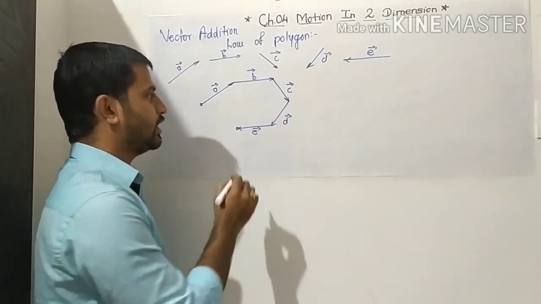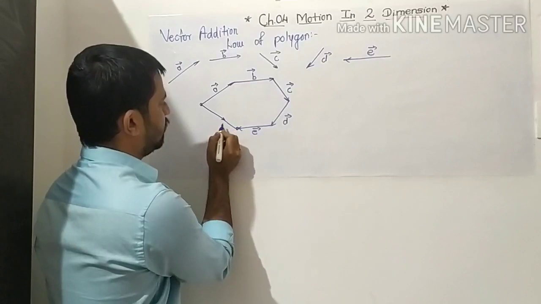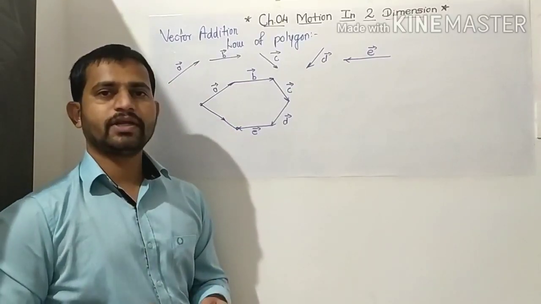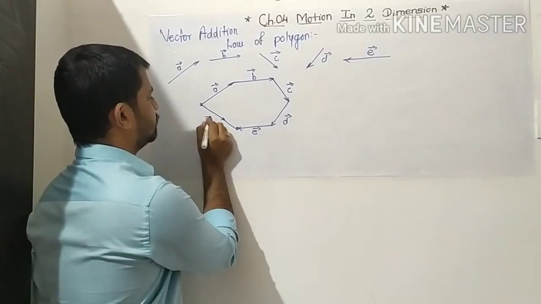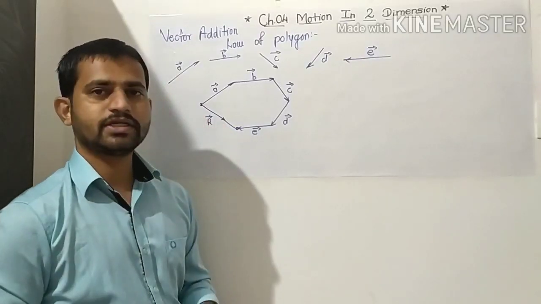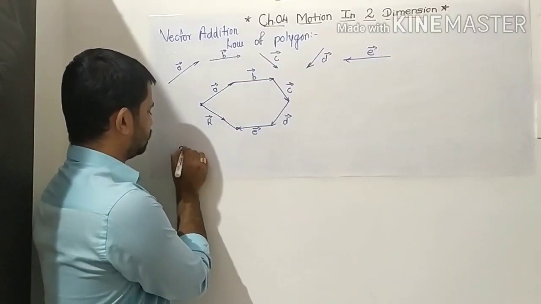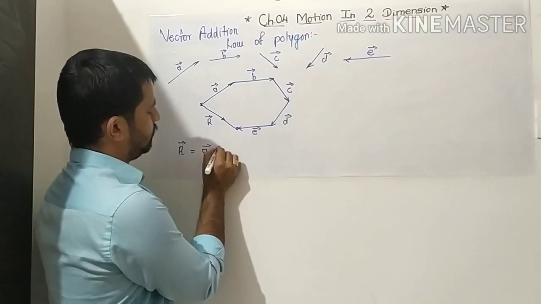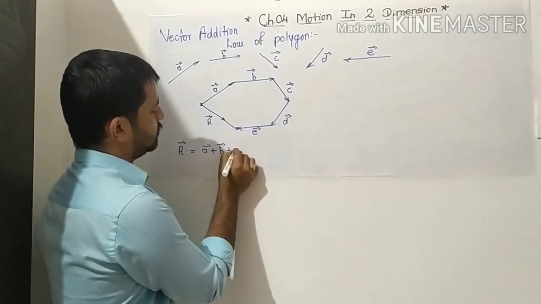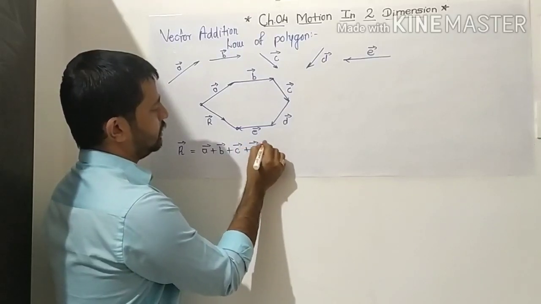When we connect this, it will give us the resultant R. So we can say that vector R is equal to vector A plus vector B plus vector C plus vector D plus vector E.